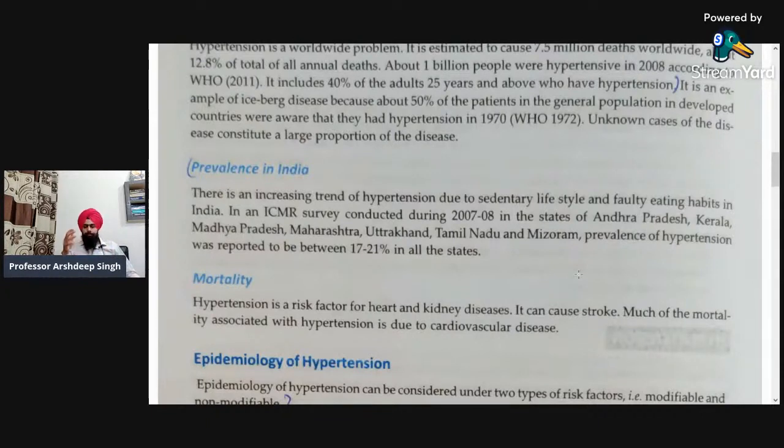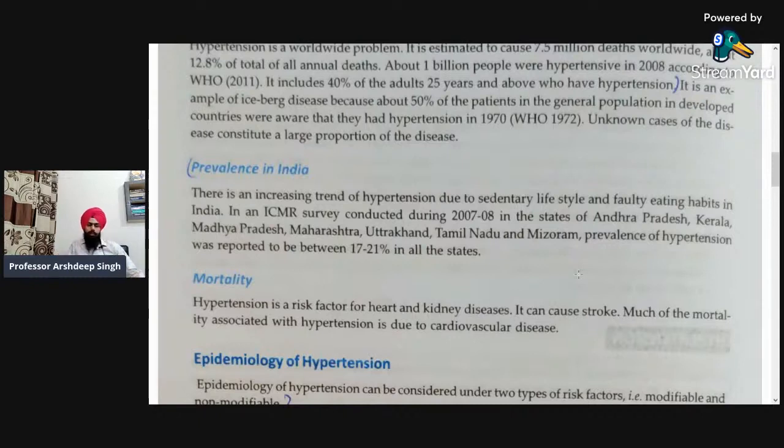Due to the sedentary lifestyle, like the eating habits, in today's world we are eating more foods like pizzas or burgers that are in the category of fatty foods. So they result in more cases of hypertension.